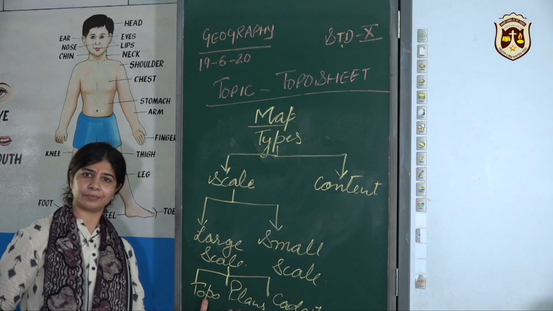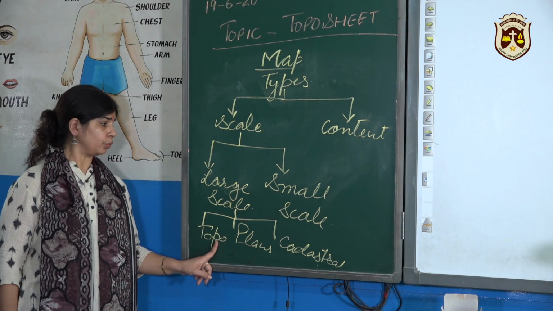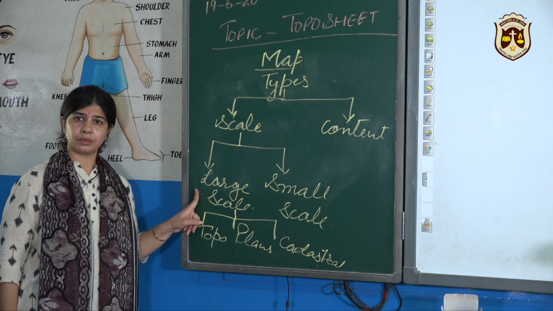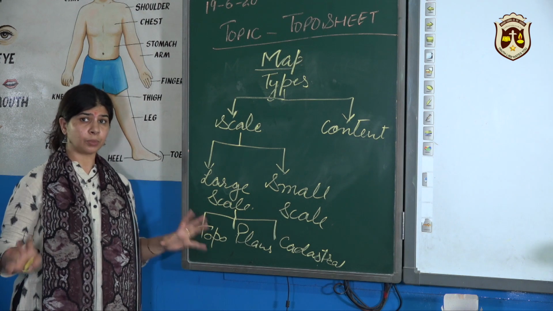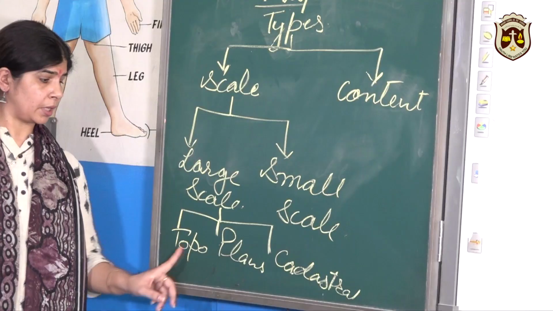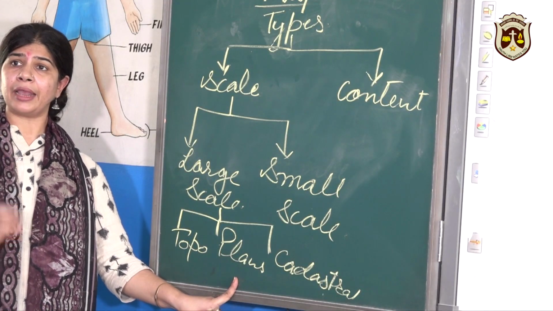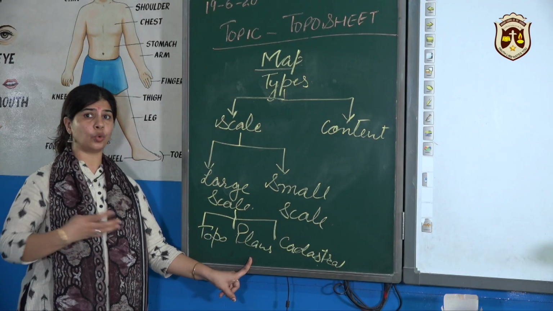Now what are these? Topo sheet maps, as I told you, are large scale maps that represent a small area with detailed information, which we will discuss soon. Plans are like house plans, the plan of any building, just like the school building.